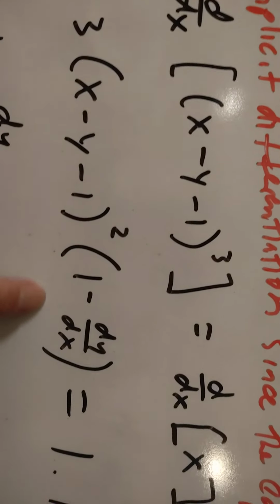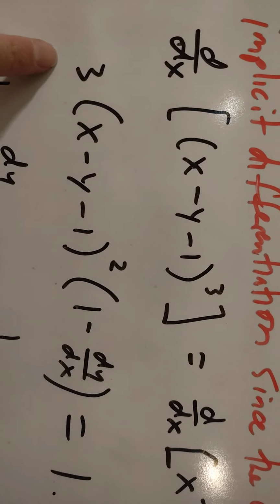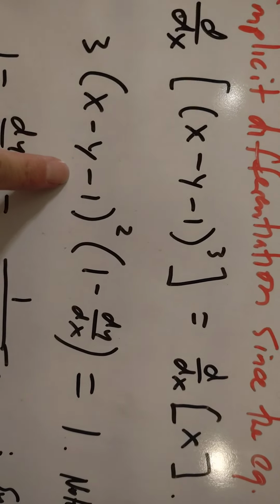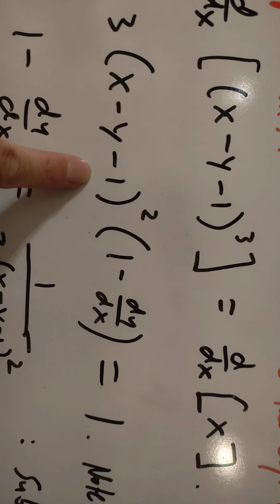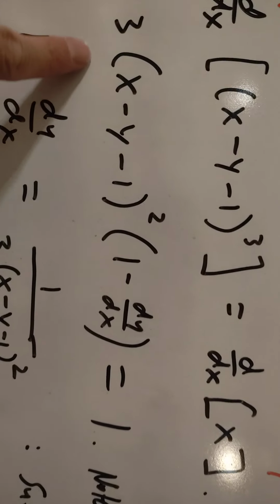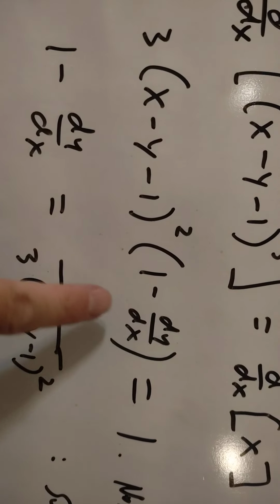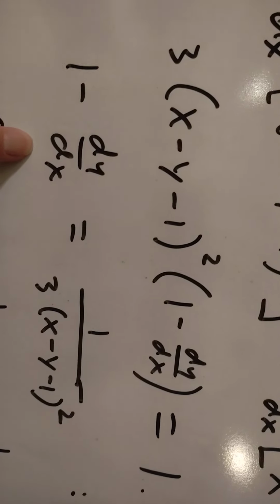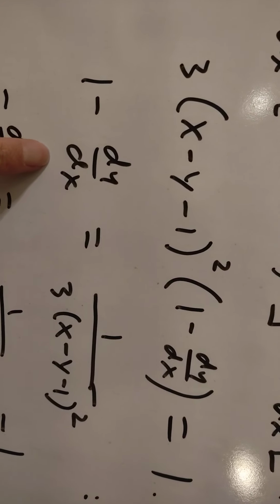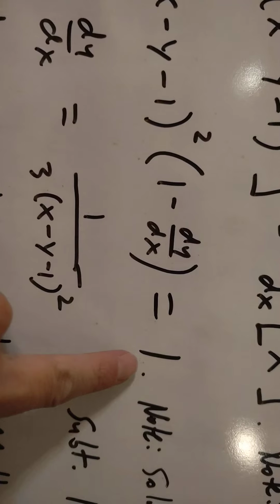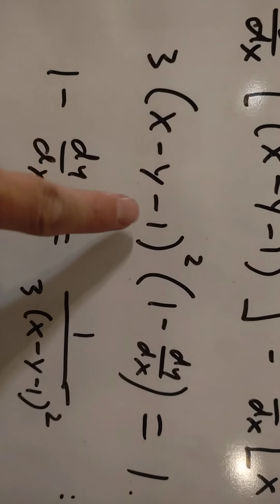So let's get this factor by itself by dividing both sides by this right here, 3 times that whole thing squared. So when I divide each side by these 2 factors, the left-hand side is just going to be the 1 minus dy/dx. Since it's not being multiplied by anything, I don't need parentheses. And that's going to equal 1 over these 2 factors.